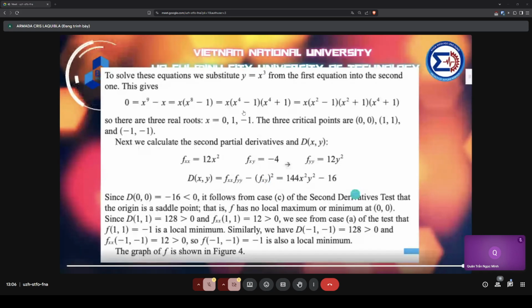Now, we test the points, class. We have 3 points, right? 0, 0, 1, 1, and negative 1, 1. You substitute that in your D. So 0, 0, class, the result is, your x here is 0, your y here is 0. So the answer is negative 16, correct? So it's negative 16 and it's negative. What is it again if it's negative?